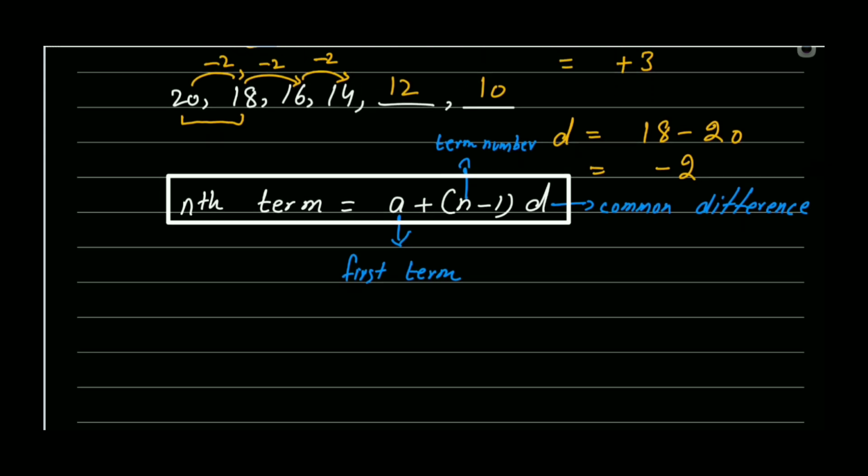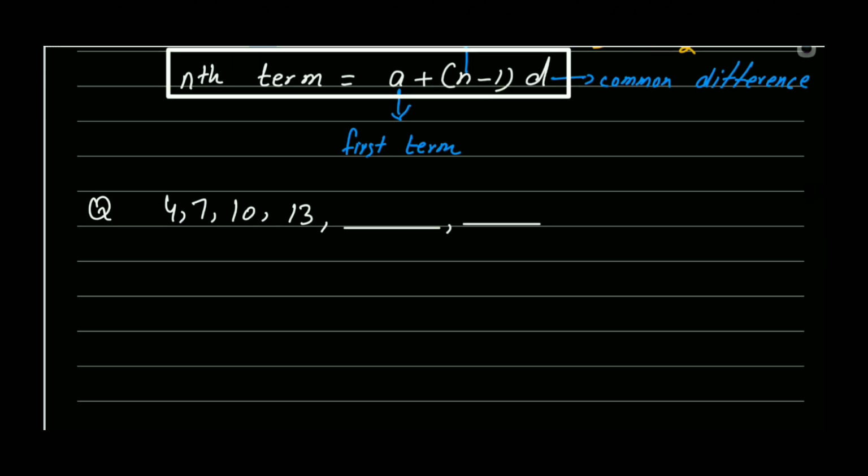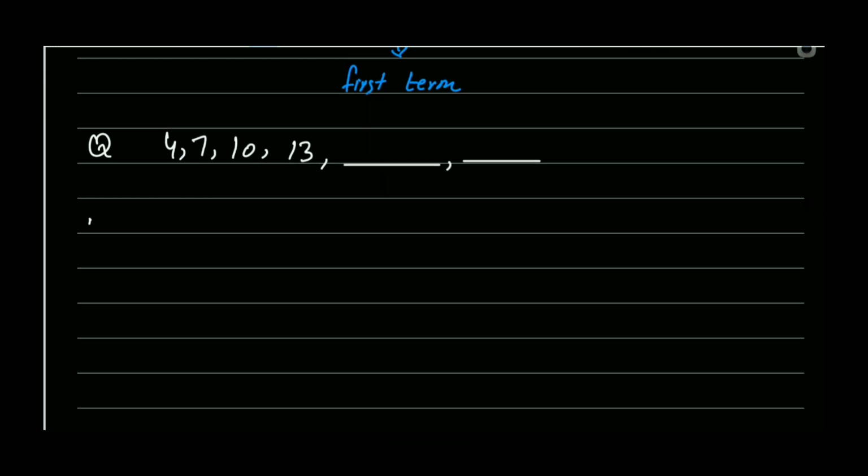Okay. So let's do some examples. The question is 4, 7, 10, 13. First part is write down the next two terms.